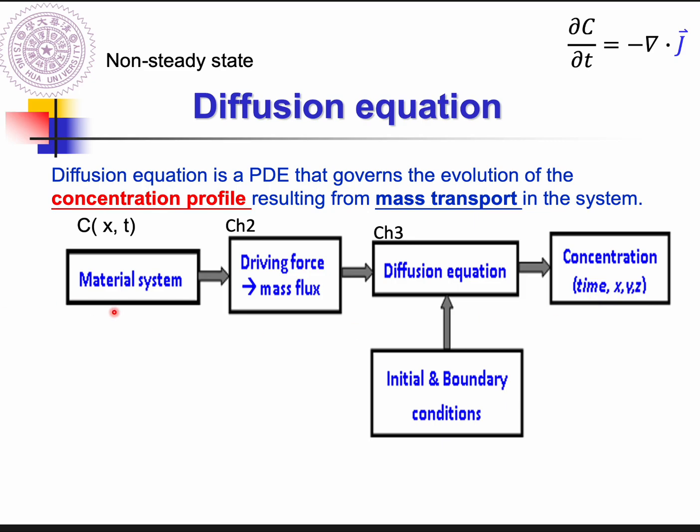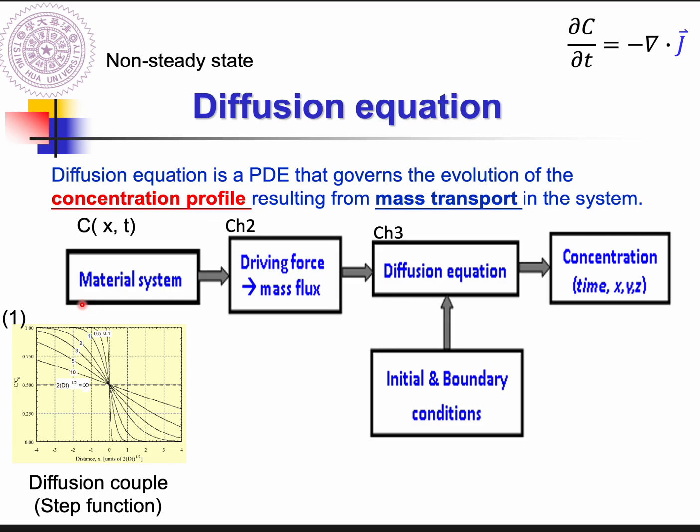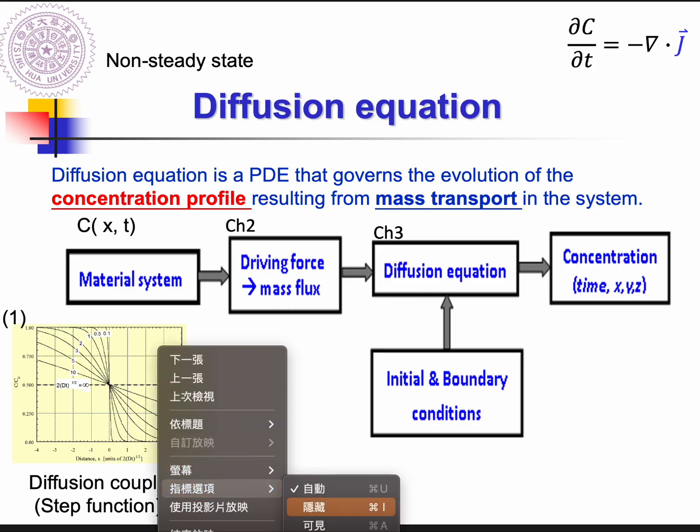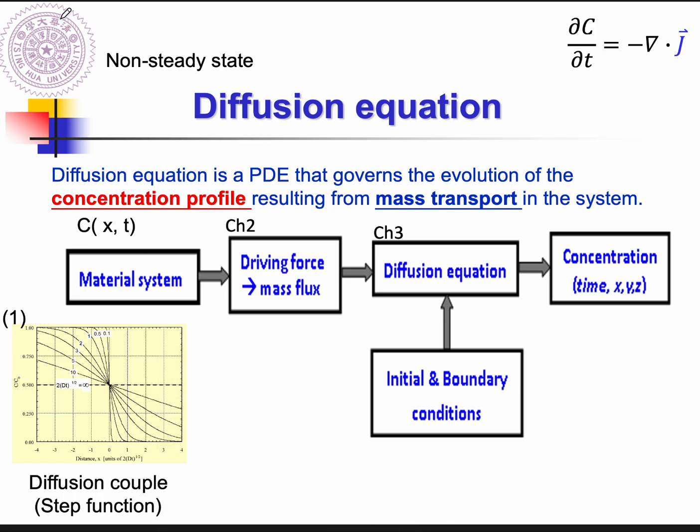The material systems we are going to show you can be simply divided into three different cases. The first one we call a diffusion couple. Diffusion couple means, for example, you bind material A with material B. A lot of diffusion happens, and this we call a diffusion couple.